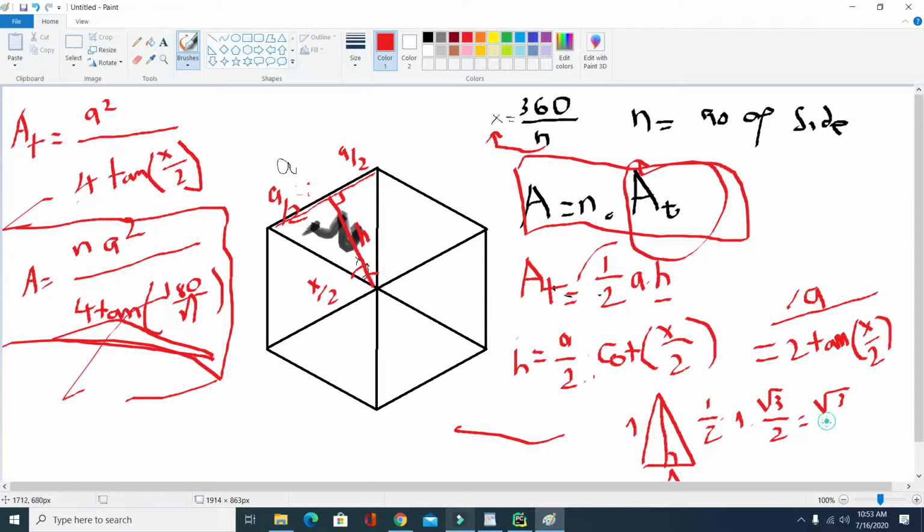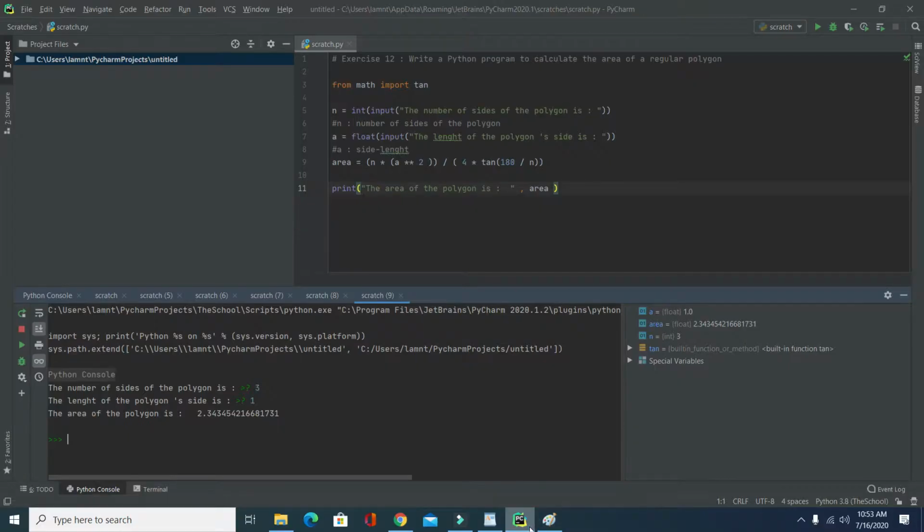That's the area of this equilateral triangle. So we're gonna check if this works. Oh, it's funny.